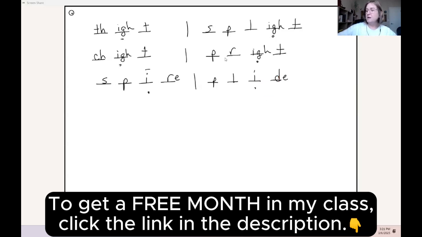Okay? Number 4, drite. Let's do this one together. Drite. D, I, T. Consonants D, I, T. So is this going to be I consonant silent E or IGHT? What do you think? Let's go ahead and finish the word. Yeah, finish the word in the chat for me.